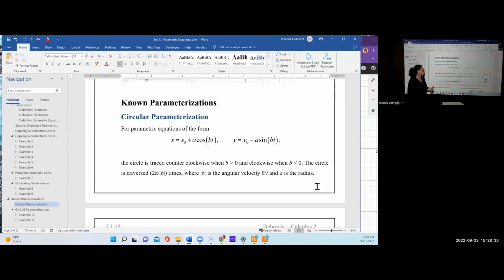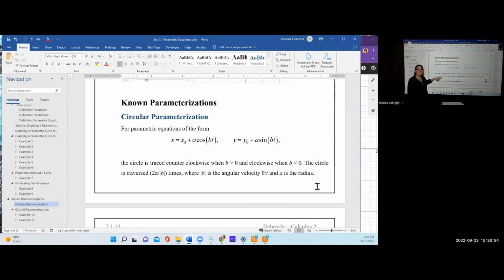All right, so this is going to produce a circular equation. It'll trace it out counterclockwise, provided that b is positive, and it'll go clockwise when b is negative. So when b is positive, it goes in the positive direction, which is counterclockwise, and when b is negative, it goes in the negative direction, which is clockwise.